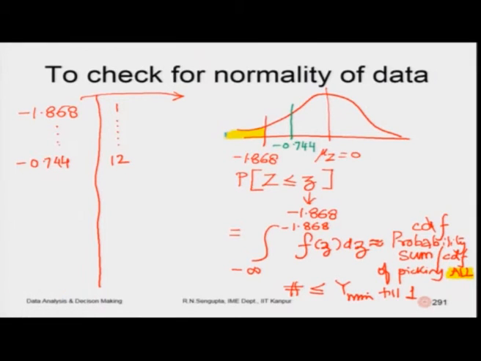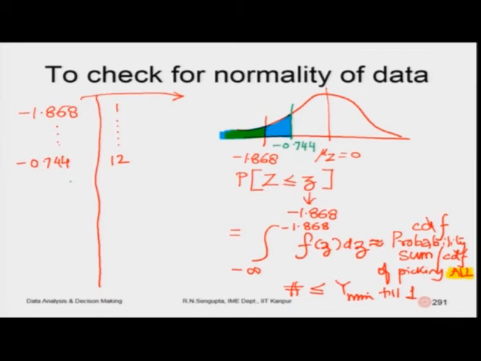So, now the actual values with the sum of all these from minus infinity to minus 0.744. In that case the corresponding equation would be, I am using green color, in order to differentiate that.